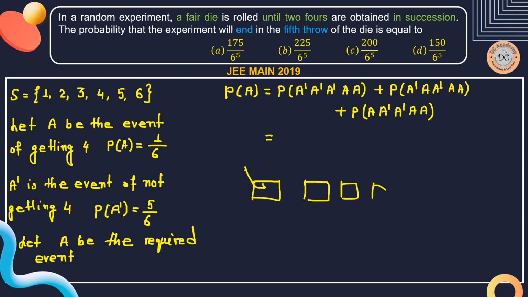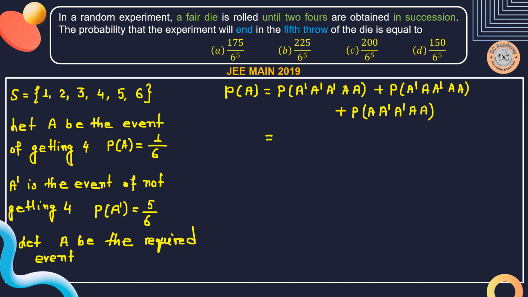In the first event, I am getting a 4 or not 4, in the second event, getting a 4 or not 4. This will be an independent event. So the probability of getting 4 in the first throw doesn't depend on what will happen in the next throw, or the next throw doesn't depend upon the previous throw. So these events are independent.